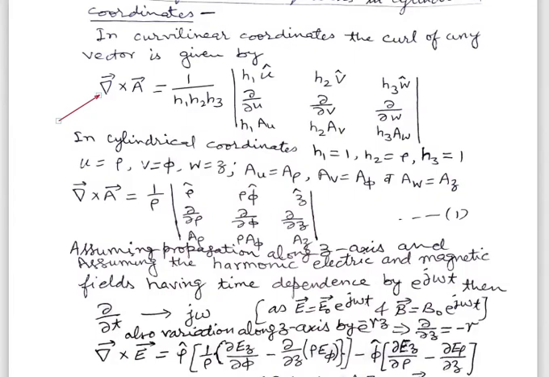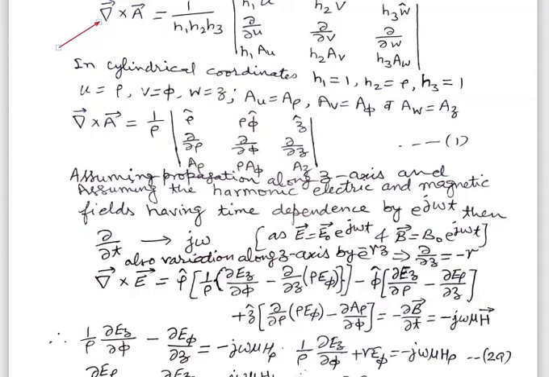Now, as in our previous rectangular waveguide discussion, here also we are considering the propagation along the z-axis, which is also the axis of the waveguide, and assuming the harmonic dependence of the electric and magnetic fields, which has time dependence given by e raised to the power j omega t.